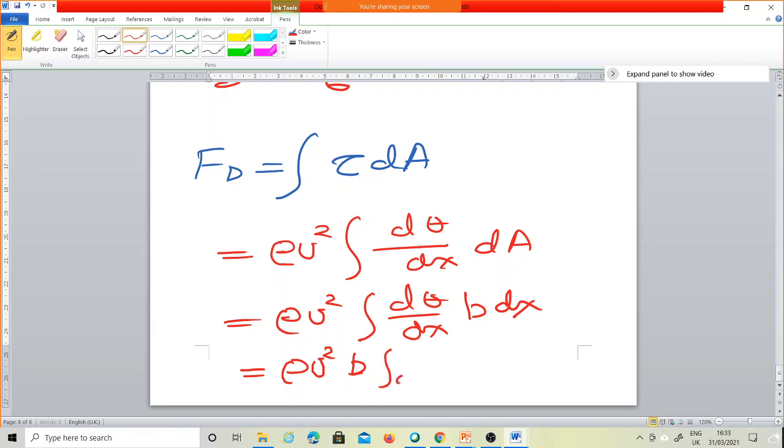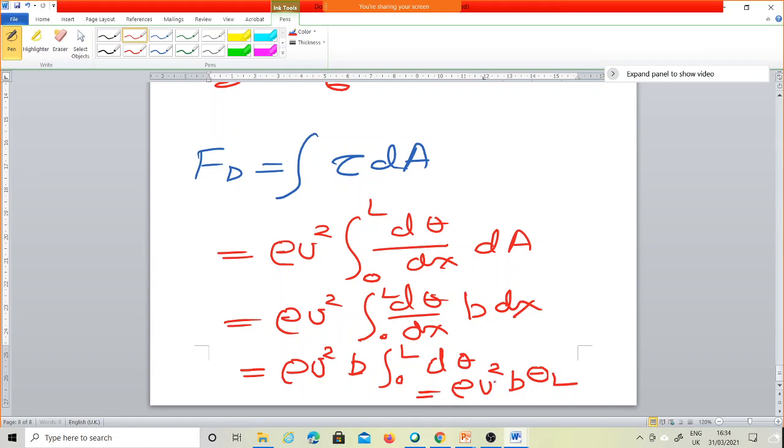If you remember, or if you don't remember, just write 0 to L, in this case d theta. So we are integrating 0 to L. So we will have rho u square, then b, and if you integrate this 0 to L d theta, you will have theta L. This expression we already derived before, rho u square b theta L. You can write the expression directly also, okay, no problem.